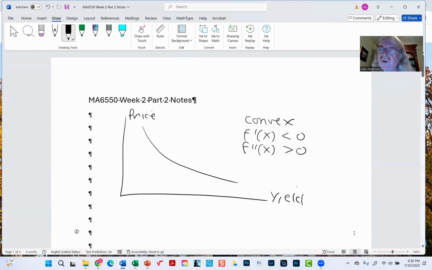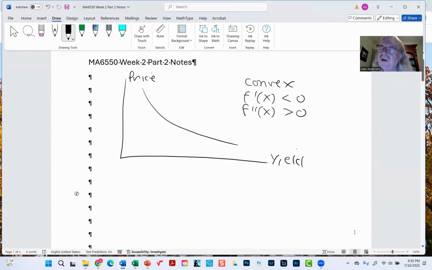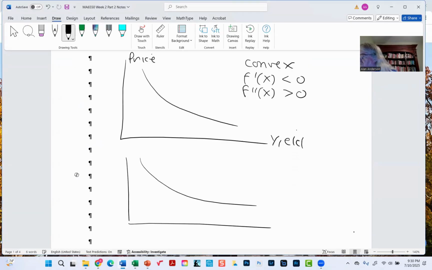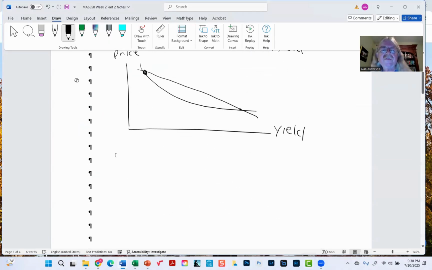Also, there is a geometric way of doing this. We can prove that a curve is convex if we do the following. If we draw a secant line to the curve, and everywhere that secant line is above the curve, that's another way of proving that this function is convex.